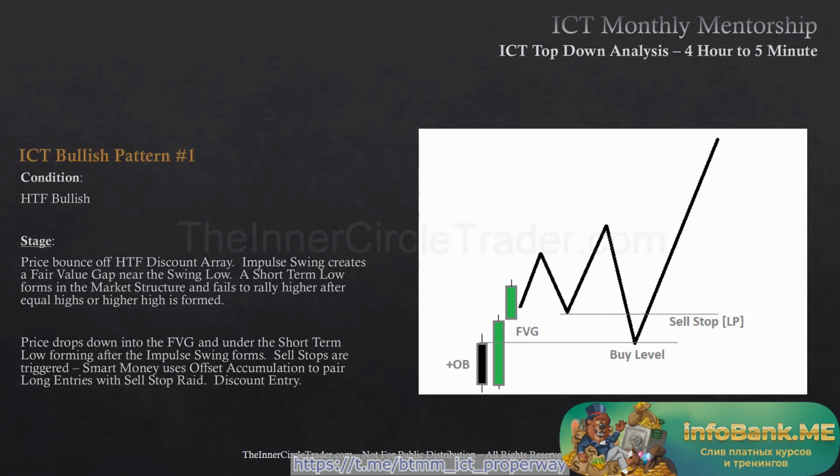A short-term low forms in market structure and fails to rally higher after equal highs or a higher high is formed. Price will eventually drop down into the fair value gap and under the short-term low, forming after the impulse price swing forms. Sell stops are triggered. Smart money uses offset accumulation to pair long entries with the sell stop rate for a discount entry.